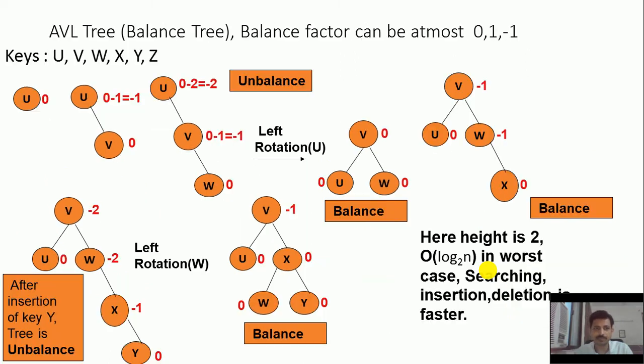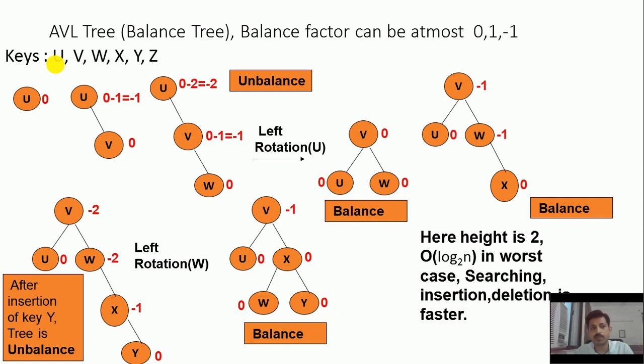Now we are doing an exercise, and we have to build an AVL tree on the keys U, V, W, X, Y, Z. In the starting first slide you have seen the right skew binary tree. If we insert these keys in a binary search tree, we will get height equal to 5, so that will be a right skew binary tree.